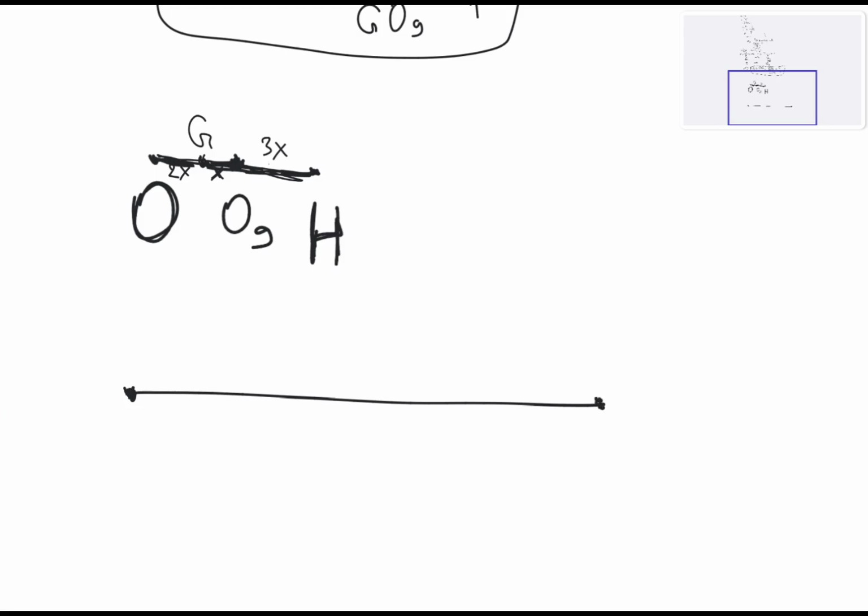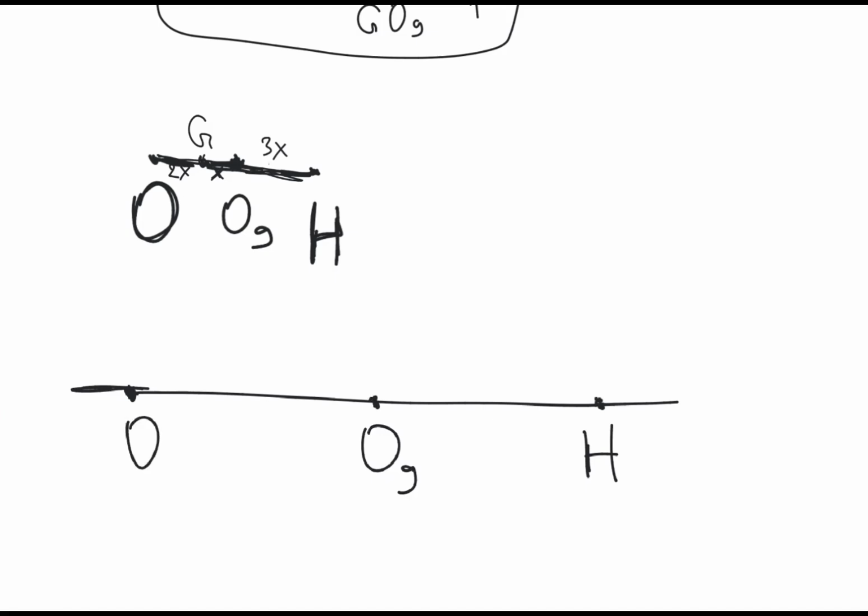Basically what we have is this line, with H, O9, O, and here we have G. So if this is x, then this is 2x, and this is 3x.